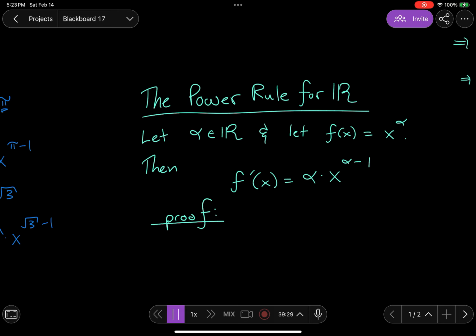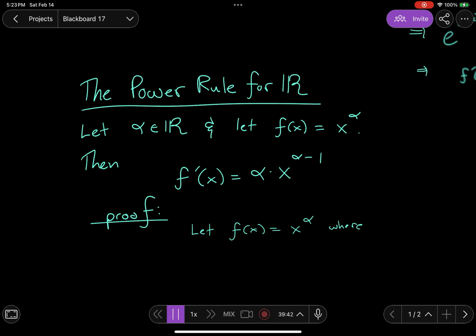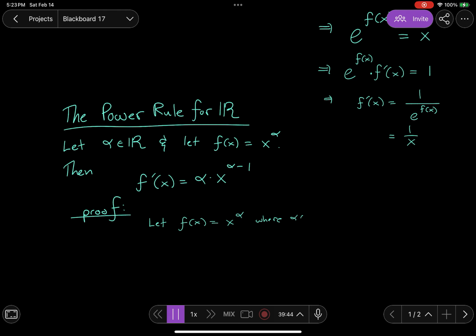Slick. This is a clever proof now that we have the exponential function. Let f of x equal x to the power of alpha, where alpha is a real number. So this is just the setup.